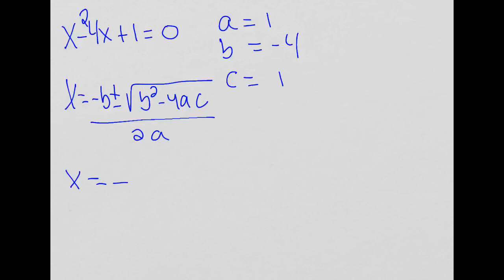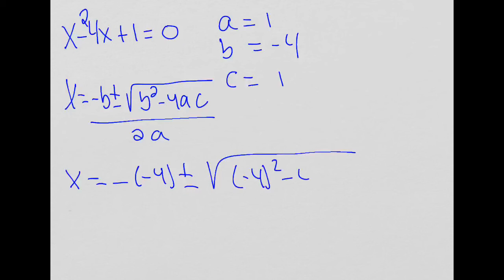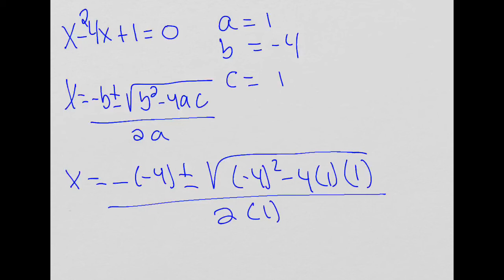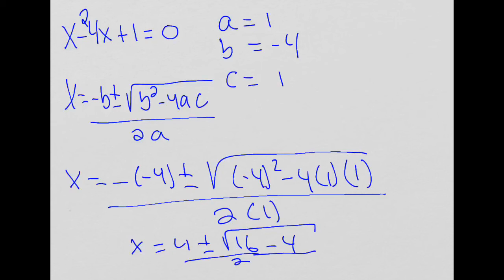So we're substituting our values into our quadratic formula. We are careful with our signs because we can easily make a mistake, and we do not want to do that. So this is 4 plus or minus the square root of 16 minus 4, all over 2.